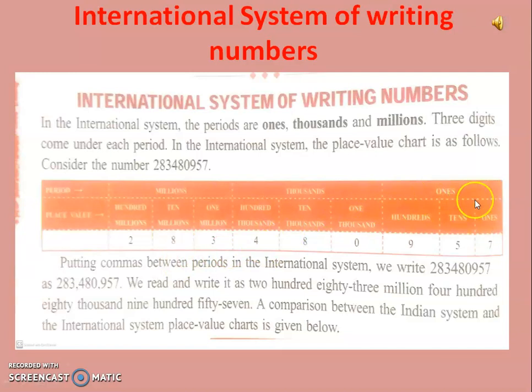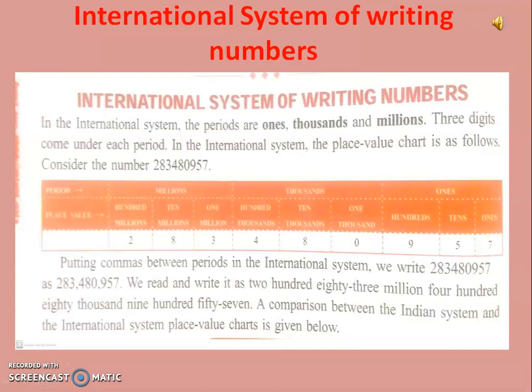In the Indian system of writing numbers, we have periods as ones, thousands, lakhs and crores. In ones we have 3 digits: ones, tens and hundreds.